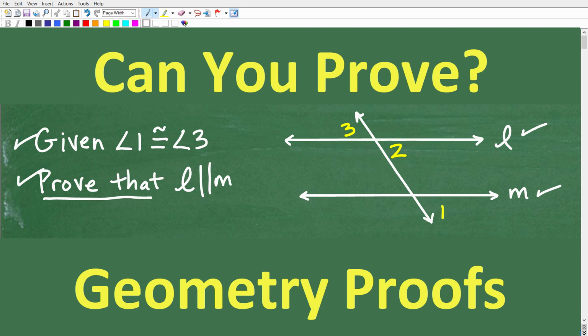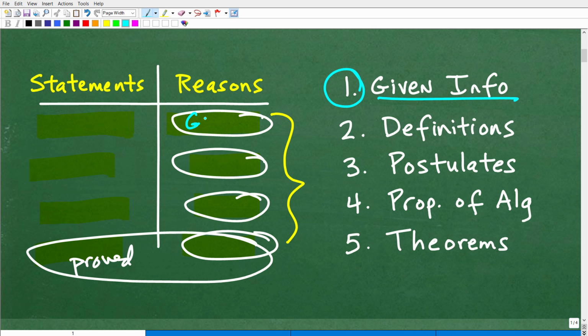Your first statement is typically almost always going to repeat that given information. Okay, so that's one thing you can give, but oftentimes you can use this given information in other statements throughout the proof if you need to. So that's one allowable justification for a statement, or a reason that you can back it up.